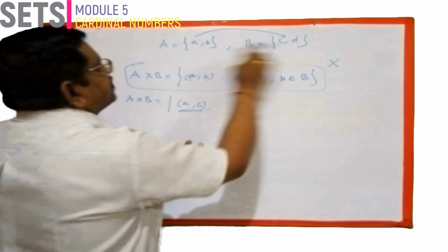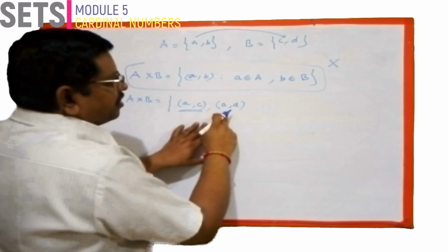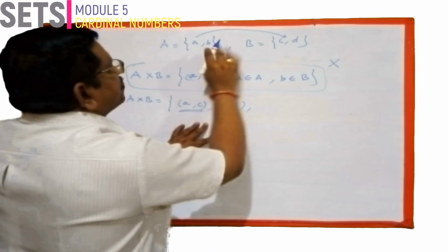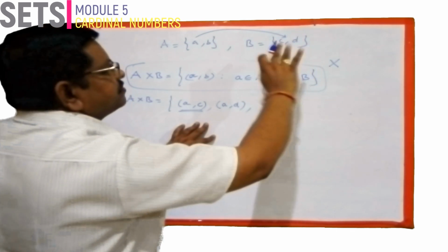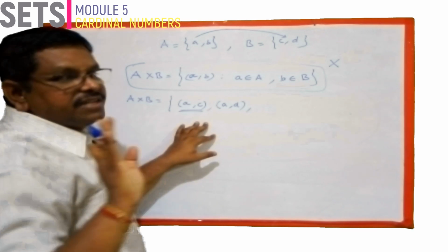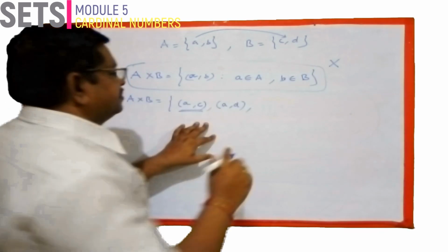Similarly with A we can take D also. So A comma D, second ordered pair. Now other all elements are in this B, only C and D are the elements. So there is no other element. We can stop there.